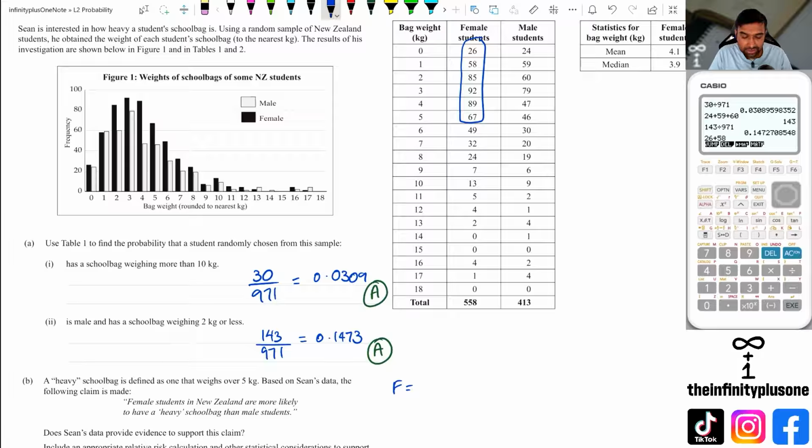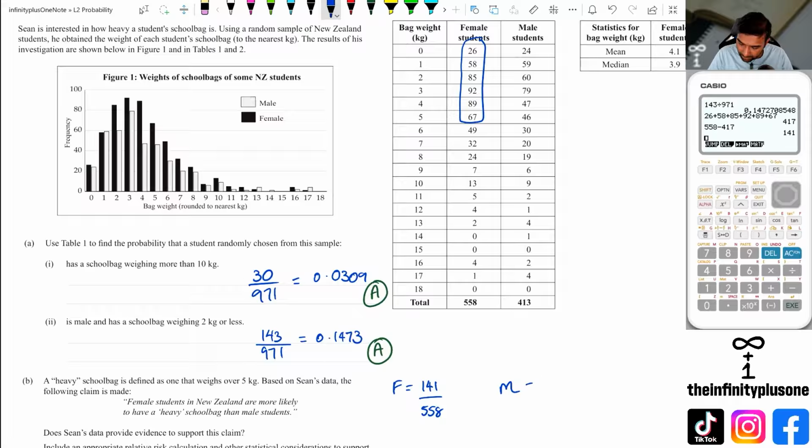So 26, 58, 85, 92, 89, and 67. That's giving me a total of 417. Then I'm going to do 558 take away 417, and that's giving me 141. So that's 141 students out of 558, the females whose bags are over 5 kgs.